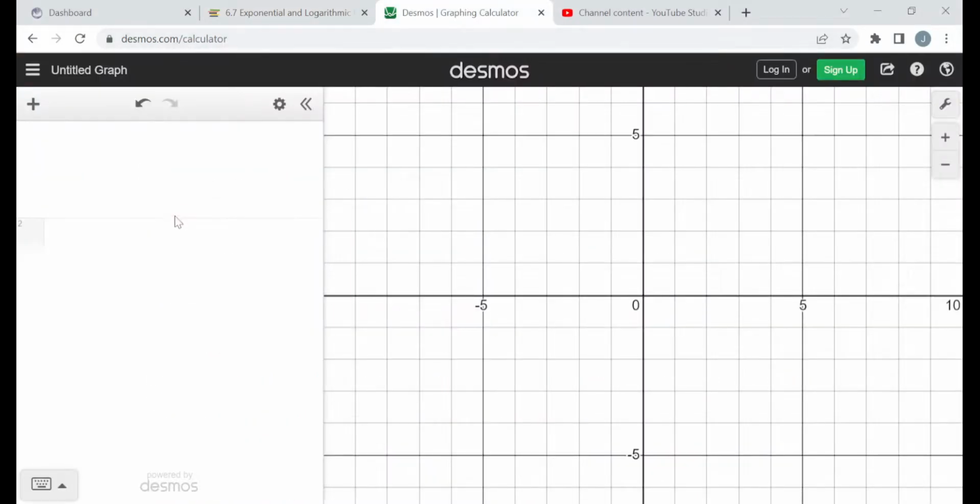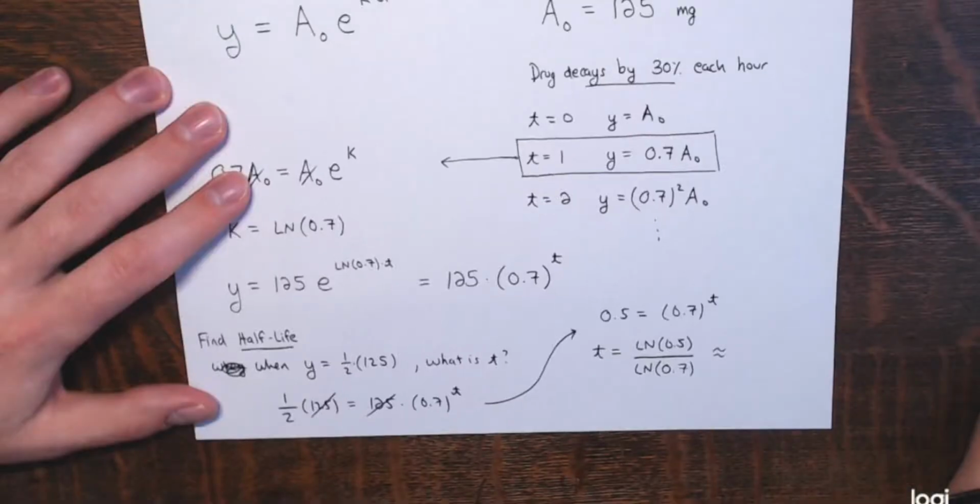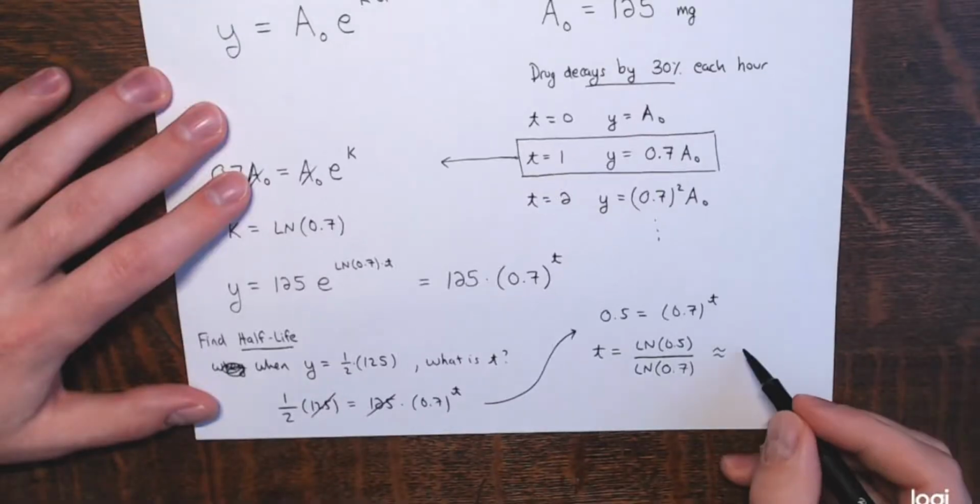Back here, the natural log of a half divided by the natural log of 0.7. So almost 2 hours, a little under 2 hours. If you're rounding to the nearest whole hour, it's about 2 hours.